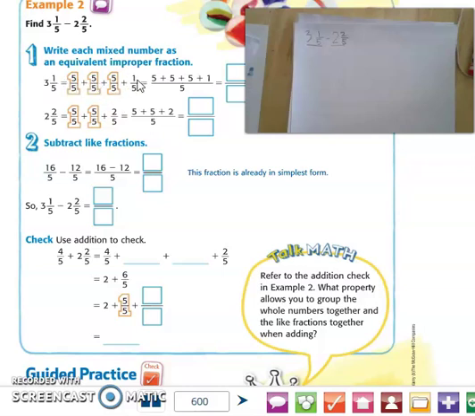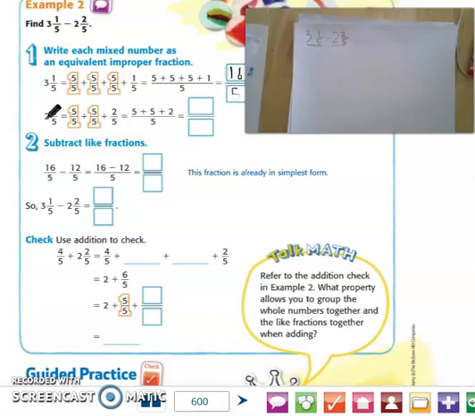And then we find the sum, since the denominators are all the same. So we've got 5 as our denominator. 5, 10, 15, plus 1 more makes 16. Okay, 16/5.